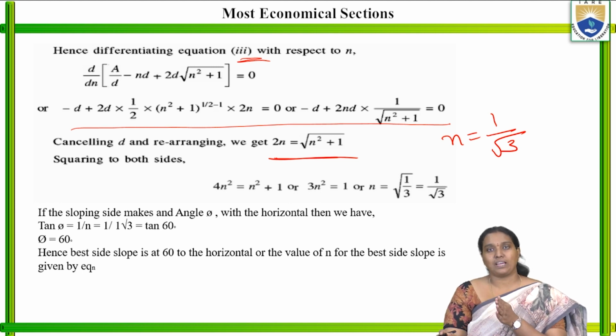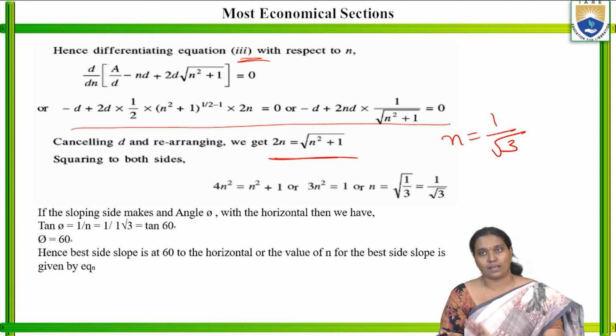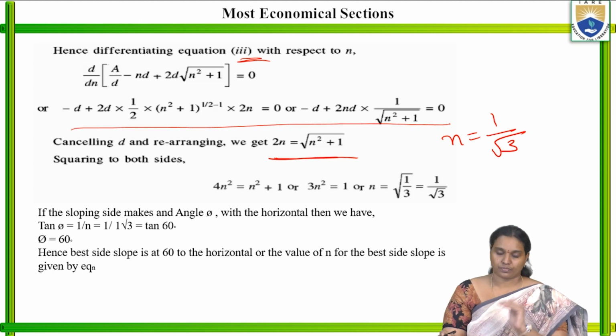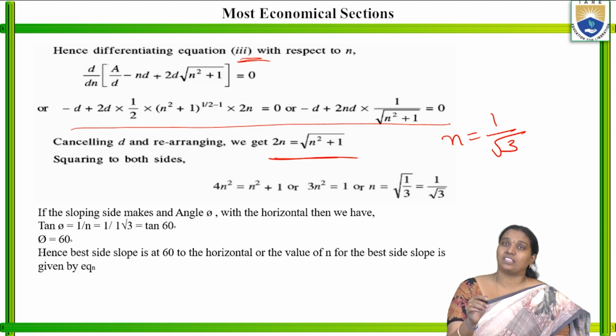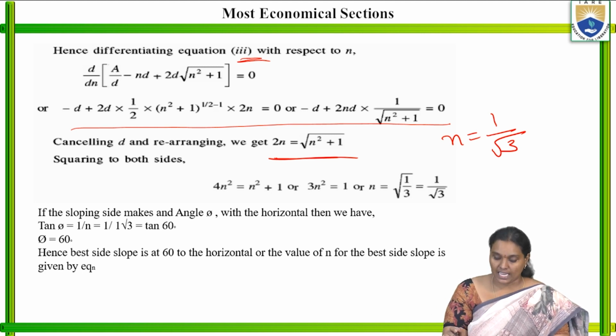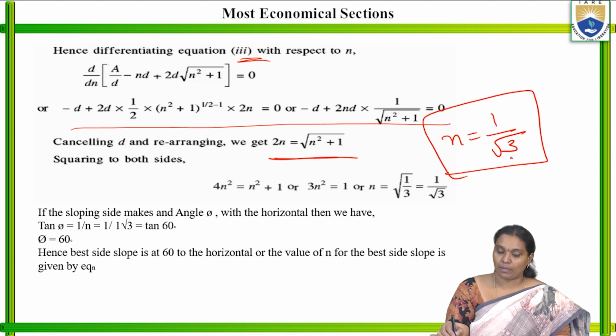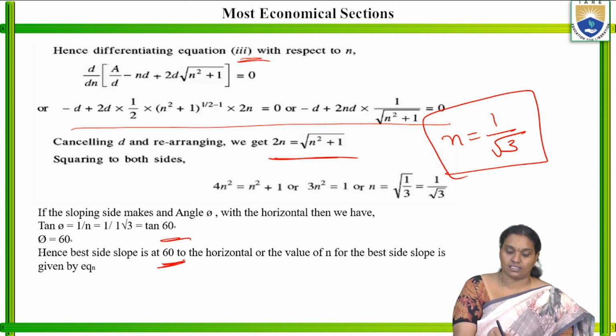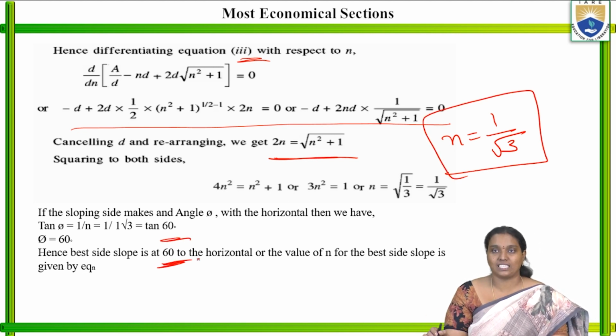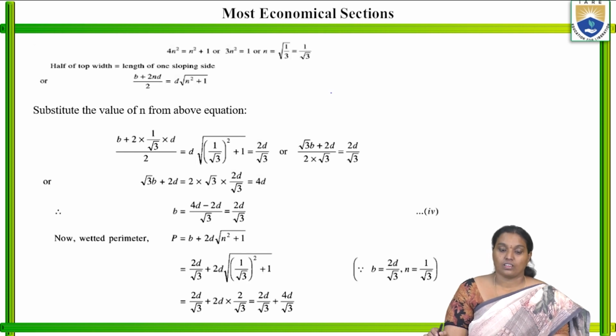So the wetted perimeter is differentiated with respect to the depth of the flow. We have already known those conditions. The wetted perimeter with respect to side slope n is equal to 1 by root 3, 60 degrees. The best side slope is at 60 degrees to the horizontal.